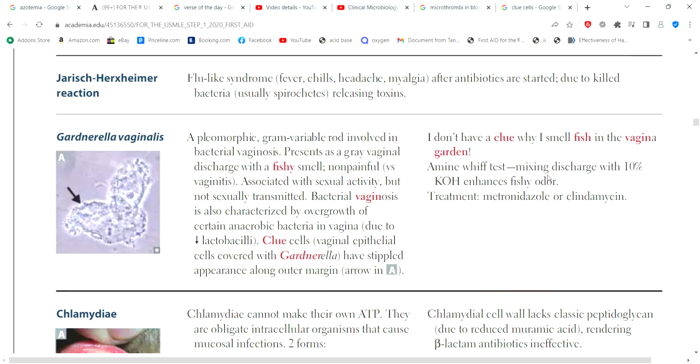So in the amine whiff test, you mix the vaginal discharge with 10% potassium hydroxide.